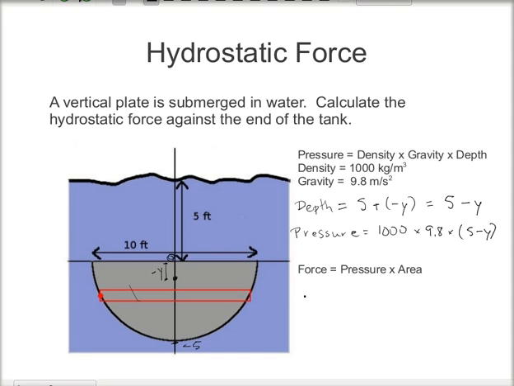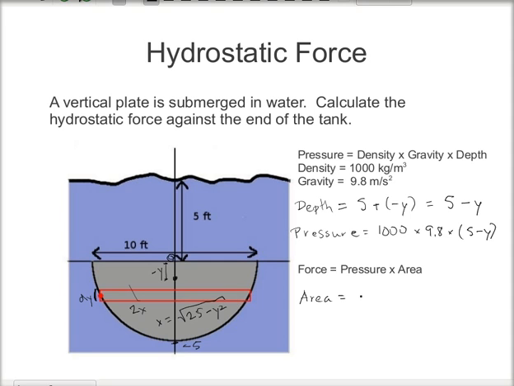Now we need to figure out area, so we're going to integrate, and we're going to do this by slicing. My area is given by this rectangle here, and this height here is dy, and the length is 2 times x, and since this is a semicircle, x is equal to the square root of the radius squared, and the radius is 5, so 5 squared is 25, minus y squared.